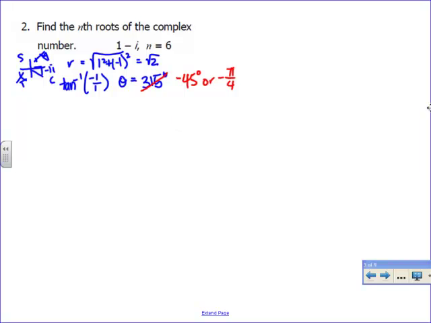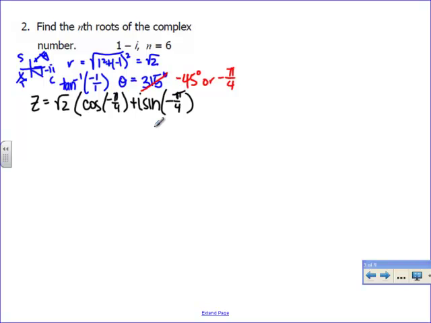So our z here is really the square root of 2 cosine of negative pi over 4 plus I sine of negative pi over 4. And then we're trying to find the roots.